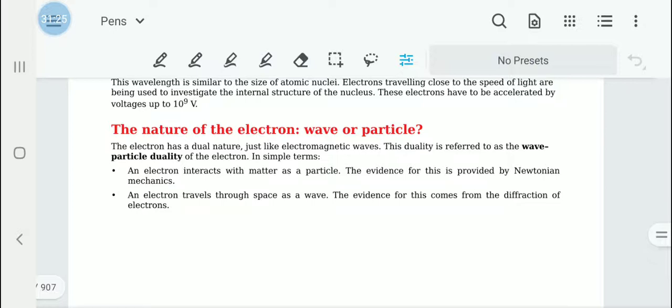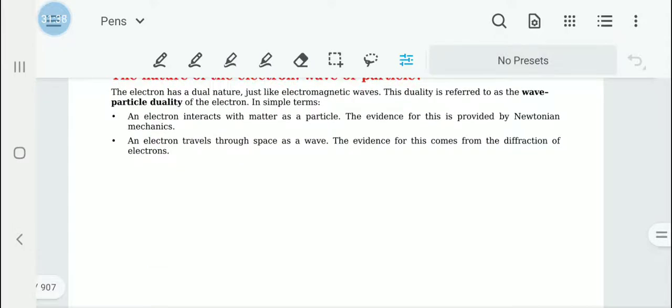Just like electromagnetic waves, electrons also have a dual nature, which is referred to as the wave particle duality of the electron. An electron can interact with matter as a particle.